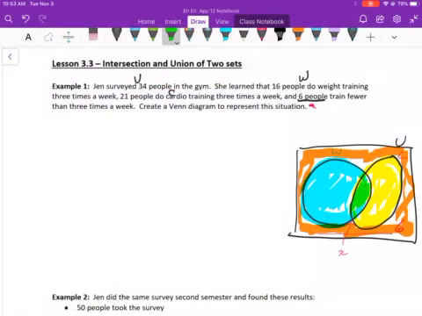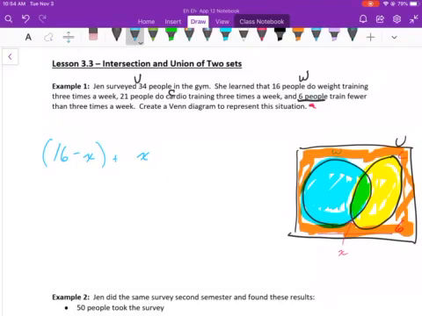So I'm just going to say, how many people are in the middle? X. How many people are only in the blue? Or how many people only weight training? Well, it is 16 people minus those that do both. How many people do both? X. How many people do cardio but not weight training?